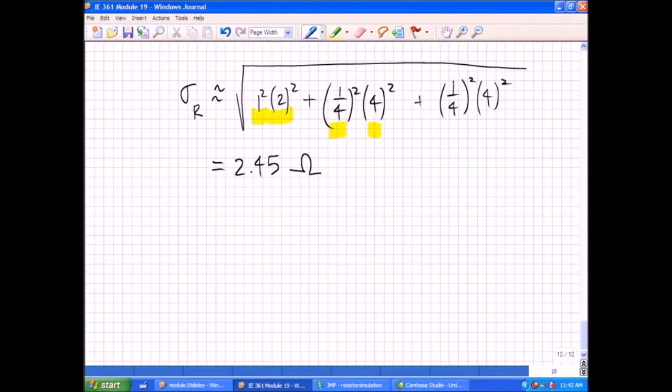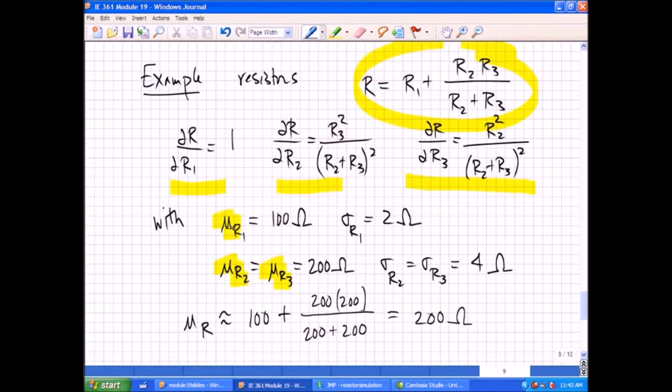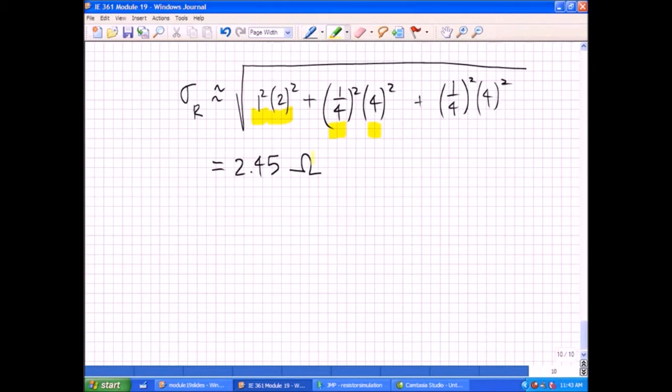And the beauty of this is I've got a way of arguing that says that if I have this kind of variability on the inputs, I've got a reasonable handle on what kind of variability I can expect on the output of this system by making use of these partial derivatives and variances.